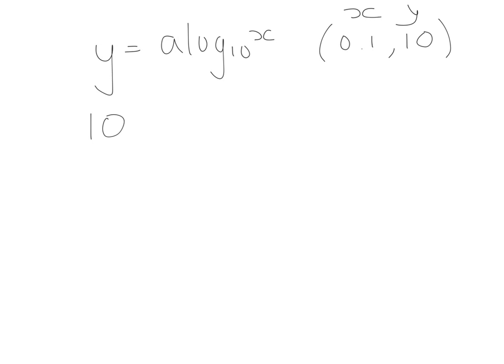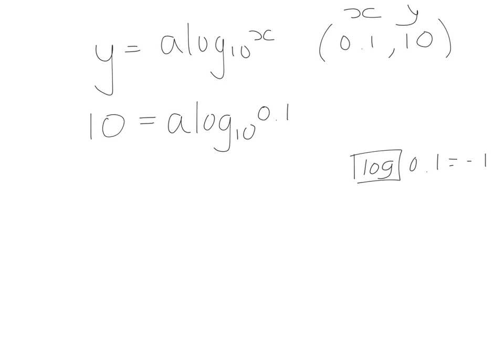So we have y is equal to a log to the base 10 of x and the point 0.1, 10. So there's x, there's y. Let's sub in. So we have 10 is equal to a log to the base 10 of 0.1. Now that we can do on the calculator, so you would just have the log button on the calculator followed by 0.1, and we find that that is minus 1.